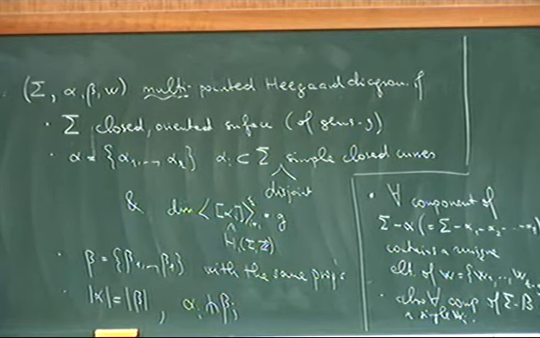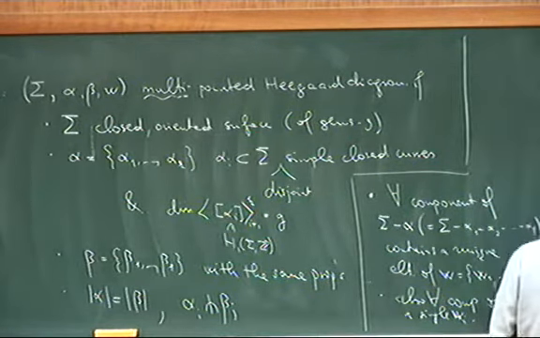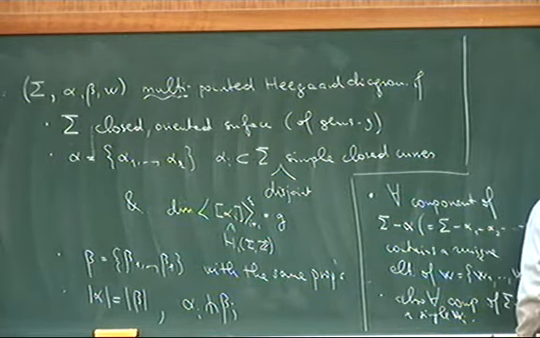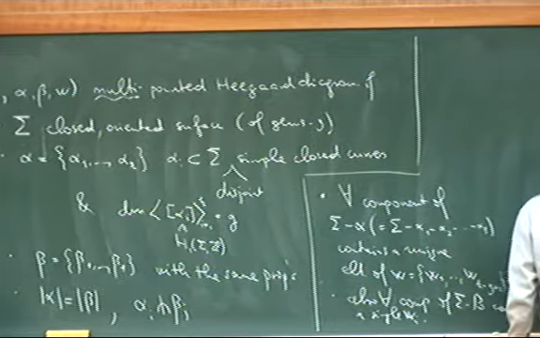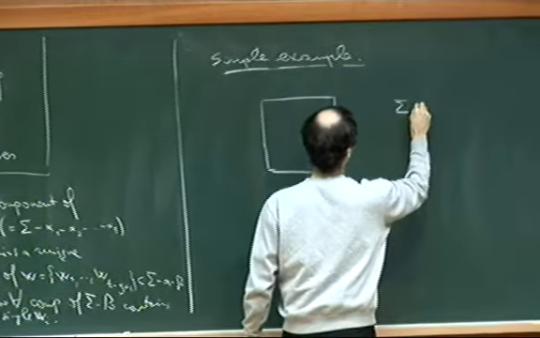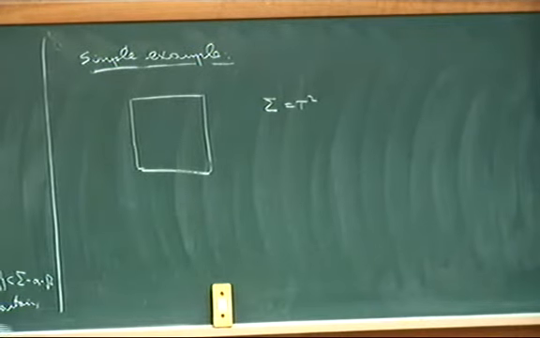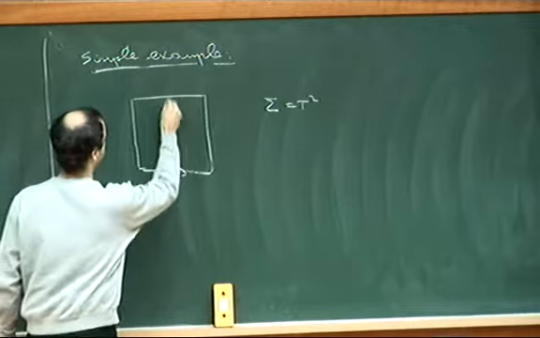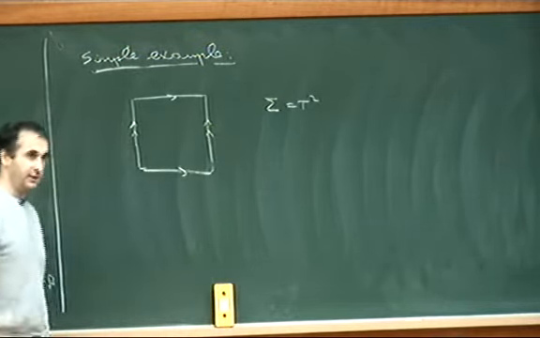Okay, so let me just give you one example, a very simple-minded example. The surface will be the torus, and we use the usual convention of picturing the torus by a rectangle with sides identified.